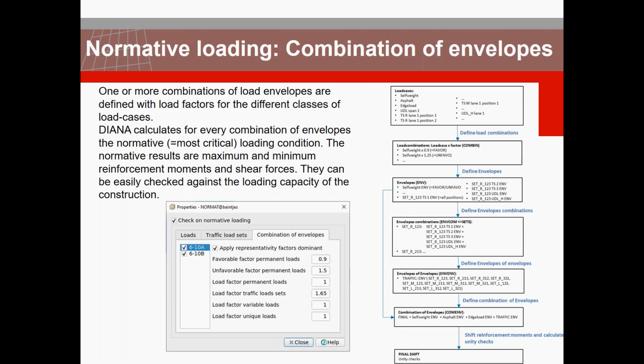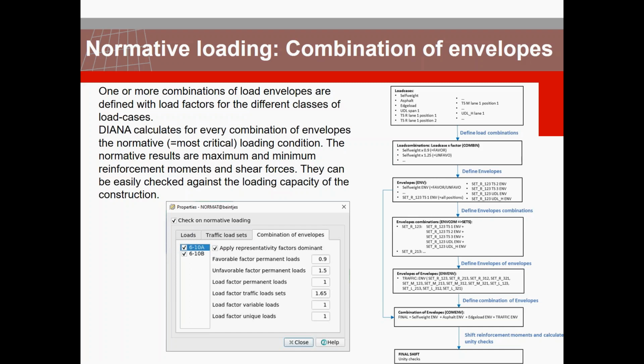And this has the advantage that you can calculate, for example, equations 6.10a and 6.10b out of the Eurocode in just one calculation. So then automatically, Diana calculates all load combinations, all envelopes, and calculates the worst critical loaded condition, which results in the maximum and minimum values for the reinforcement forces and moments in your construction.